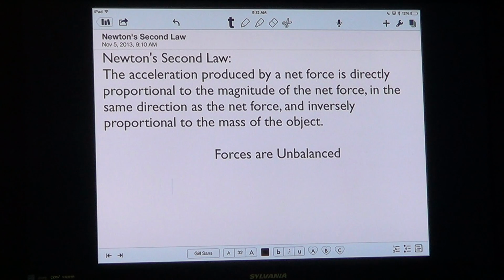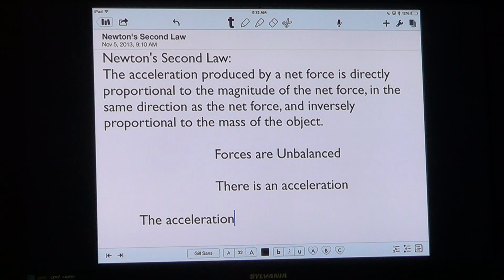First of all, there is always an acceleration when the forces are unbalanced. And then if there's an acceleration, the acceleration depends directly on the net force.